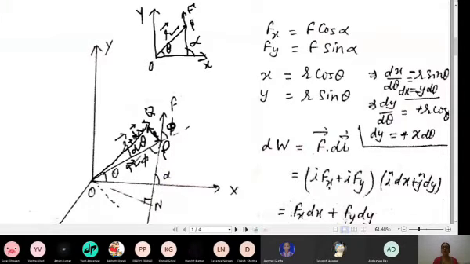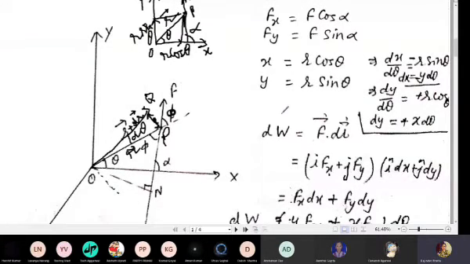Of course, when I draw the projection on the x-axis, this value will be equal to the horizontal component of R, that is R cos theta. And if you draw the perpendicular here on the y-axis, this is your R sin theta. I'm doing it in the component form.